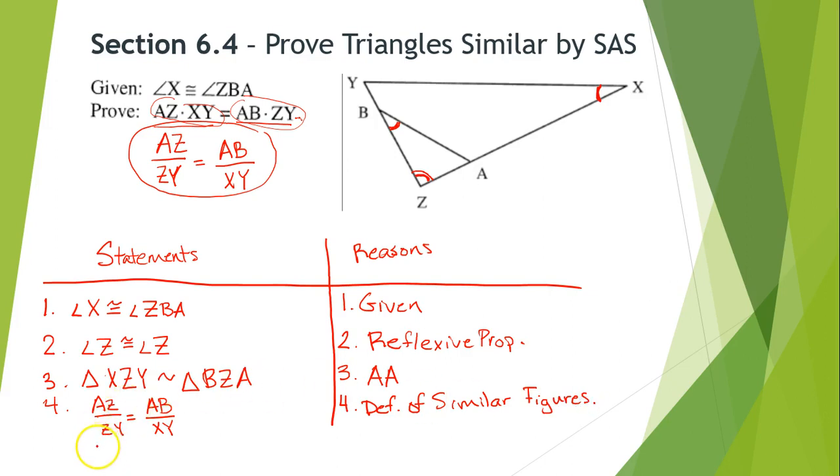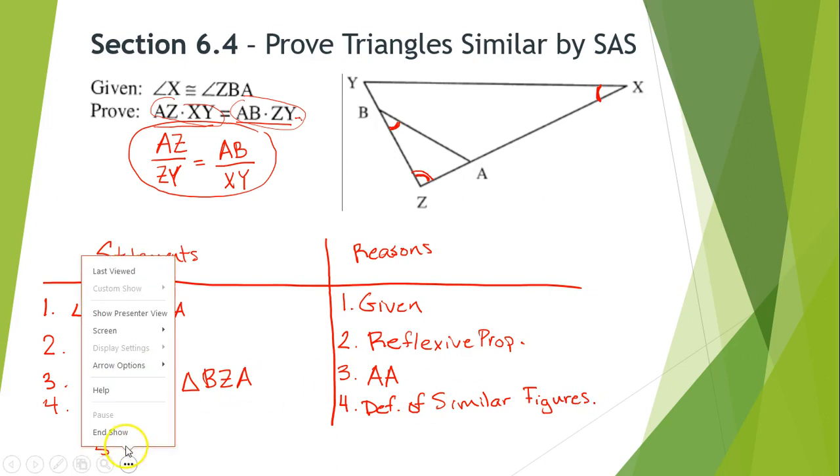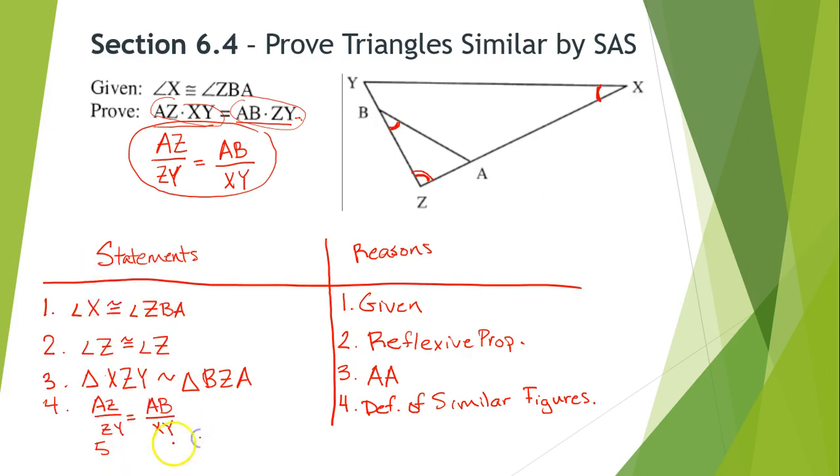And then last statement here, number 5, is this right here. AZ times XY, because we are cross multiplying here. So AZ times XY is equal to AB times ZY.